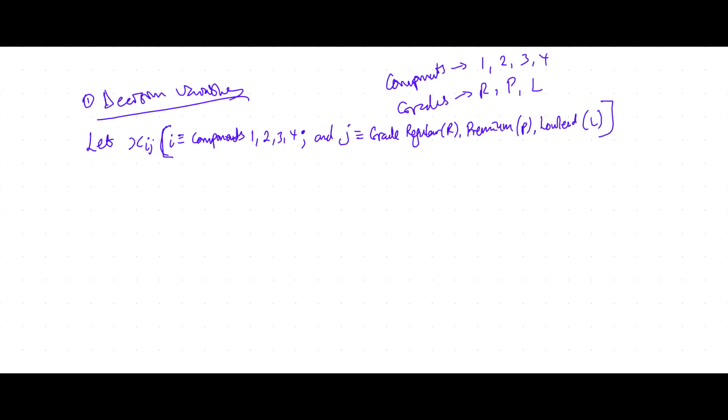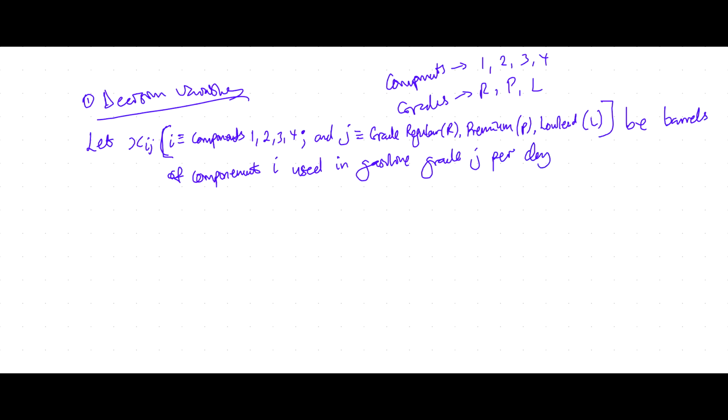So let Xij be the barrels of component i used in gasoline grade j per day.